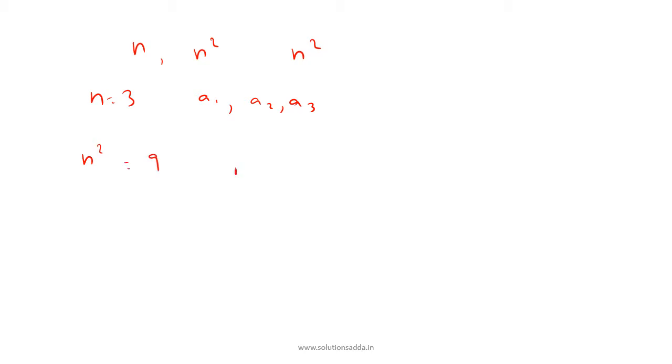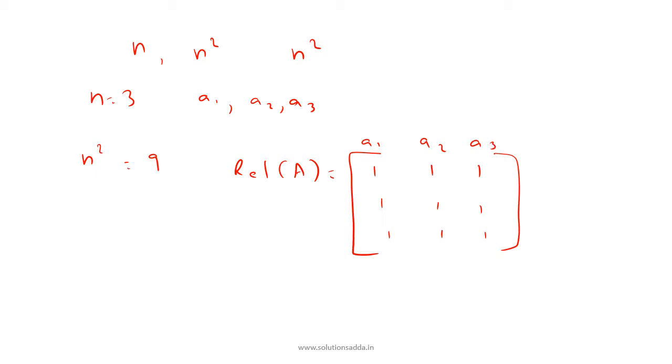So the relation can be denoted as a matrix of all 1s: 1, 1, 1, 1, 1, 1, 1, 1, 1. The rows and columns are the elements A1, A2, A3. Since it follows reflexivity, all the diagonal elements are related.